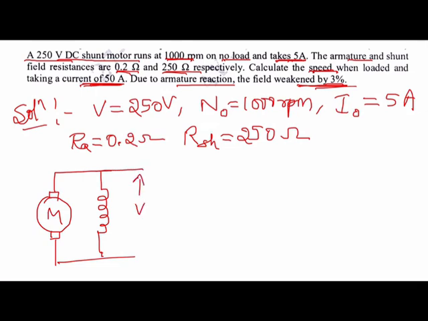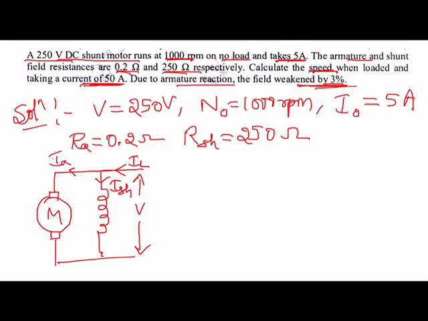This voltage is 250 here, and armature winding resistance RA, field winding resistance RSH, and the current it is drawing, this is I0. Under no load condition it is I0, under loaded condition it is IL. And the current drawn by this field winding is ISH, current drawn by the armature is IA.